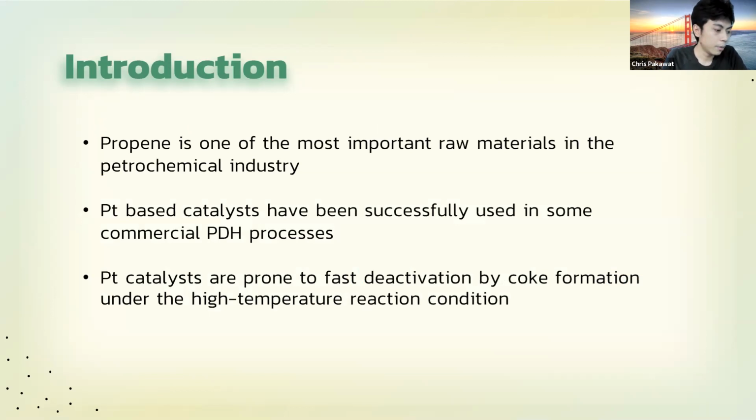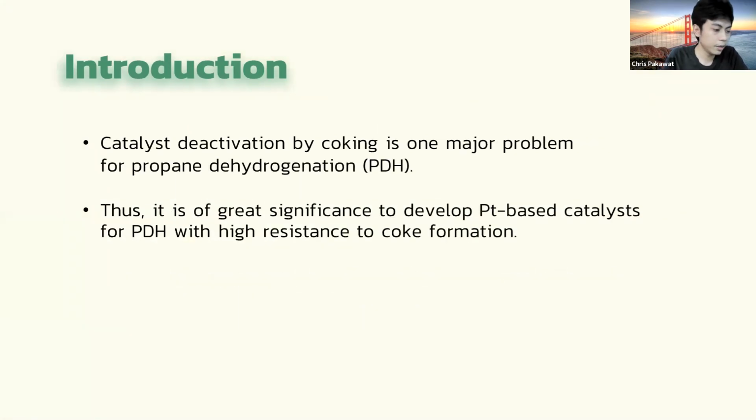Platinum-based catalysts have been successfully used in some commercial propane dehydrogenation processes. However, these catalysts are prone to fast deactivation by coke formation under the high temperature reaction condition.